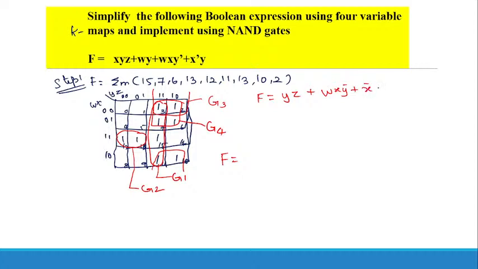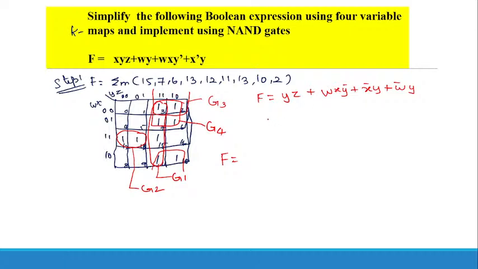So X bar, whichever the variable common, I'm taking it from the rows and columns. X bar. Then from these two columns, which is common now, Y. So Y. Then group 4, W bar, then Y. So here the W bar is common for this quad and Y is common. So this is a simplified expression.